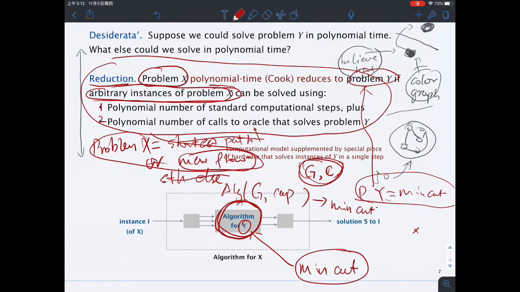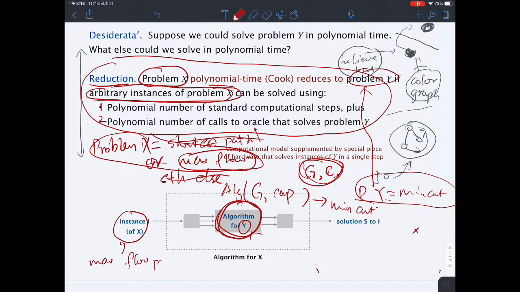The reduction basically says that if somehow I can start with an instance of X, say a max flow problem, meaning an instance of the max flow problem characterized by G and C, where G is the directed weighted graph and C is the capacity, so the input of the max flow problem has this format.